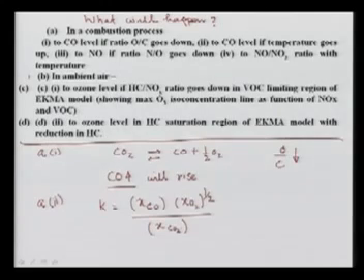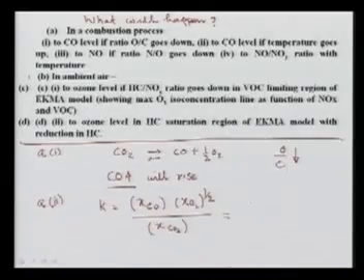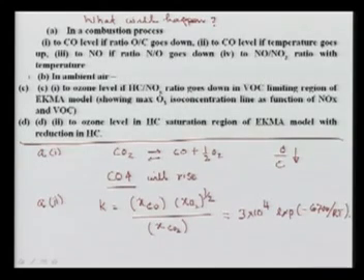X are the mole fractions. I can certainly write the equilibrium from my chemistry background, and then K equals, as you will recall, 3 into 10 to the power 4 exponential minus 6700 by RT.